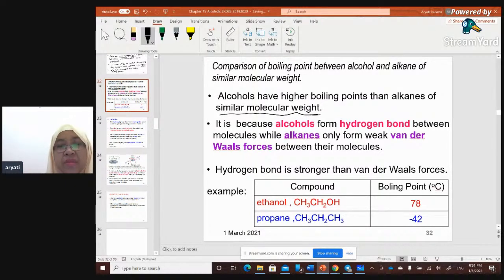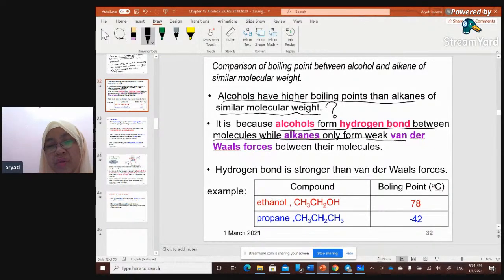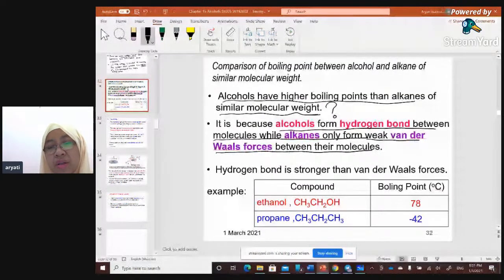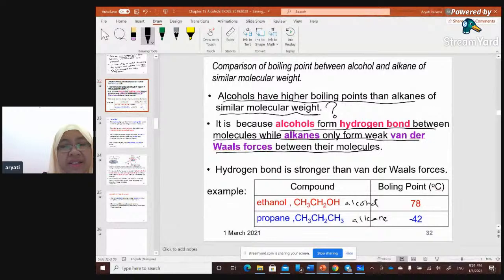Why? Because alcohol can form hydrogen bond between its molecules, while alkane can only form weak forces between its molecules. So example, ethanol, this is an alcohol, and propane, this is an alkane.